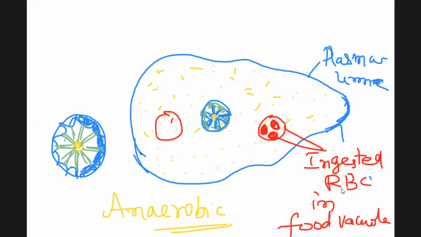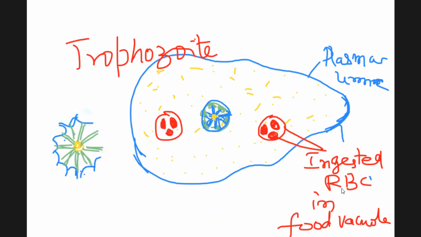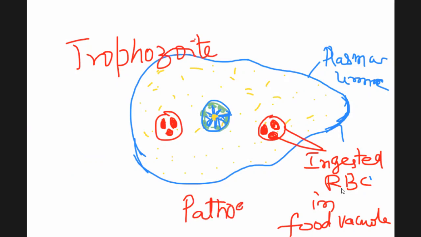This stage, which feeds on the large intestine wall tissues, is called trophozoite. Troph meaning food. It is a feeding stage. It will cause damage to the wall of the intestine. So it is a disease-causing, harmful stage. A harmful stage is called a pathogenic stage. Okay?